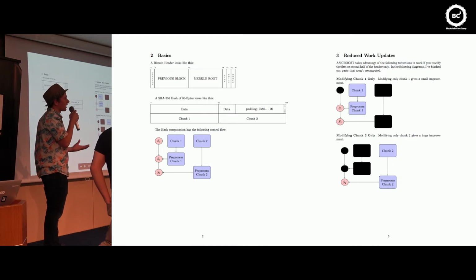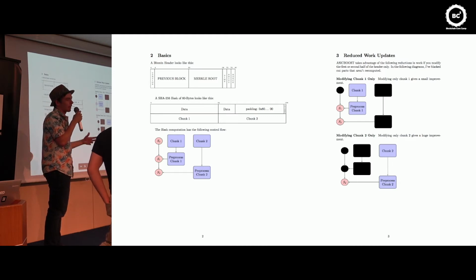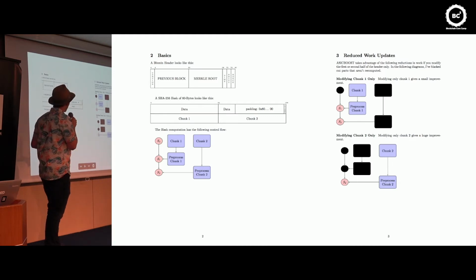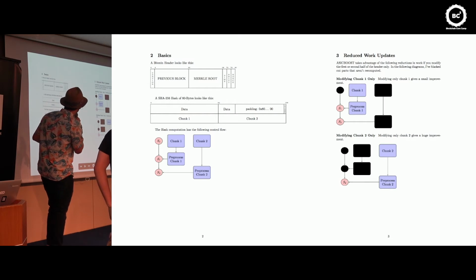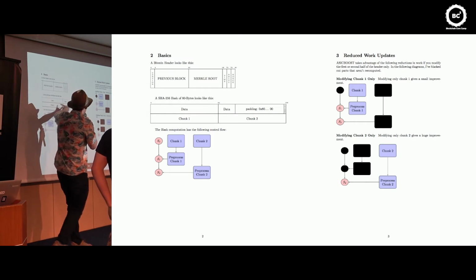And let's look at now what a SHA-256 hash of 80 bytes looks like. The SHA-256 hash gets computed in two chunks, chunk 1 and chunk 2.